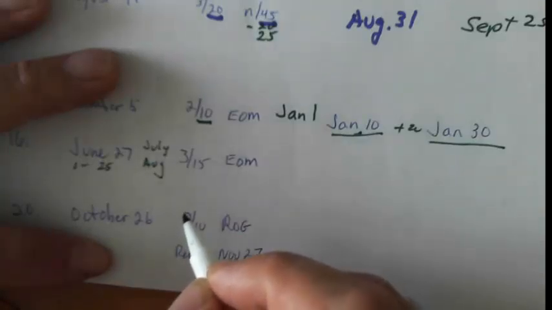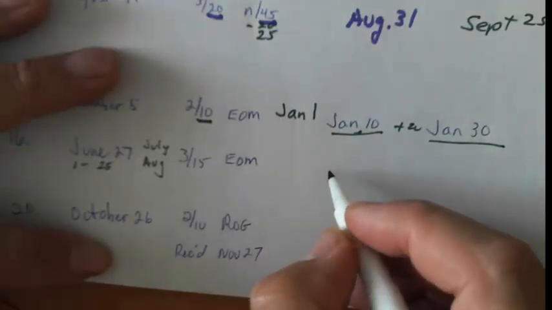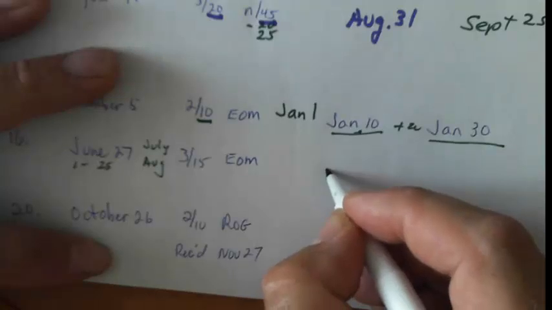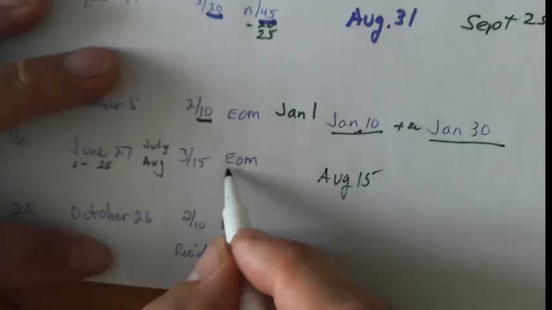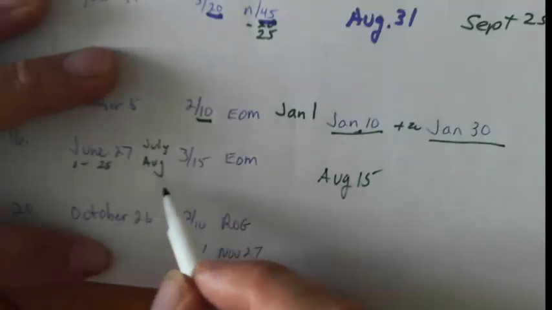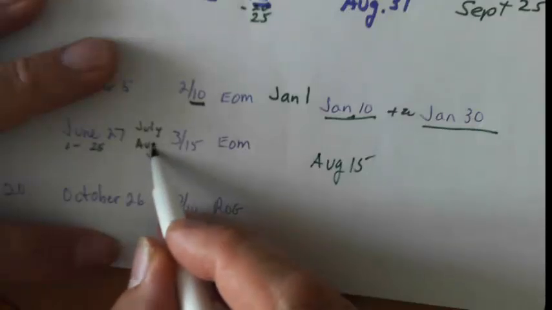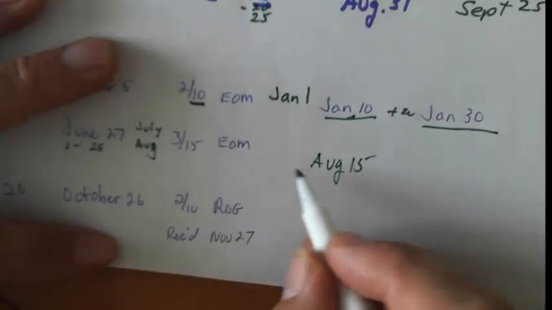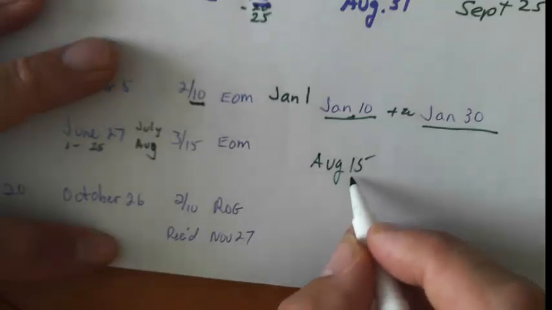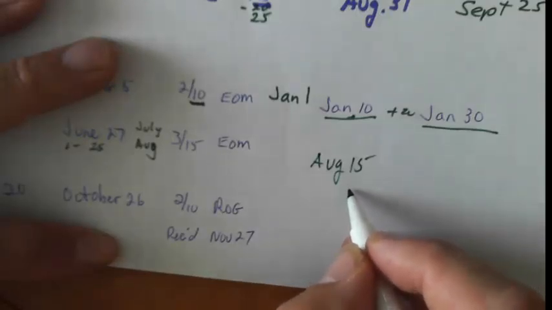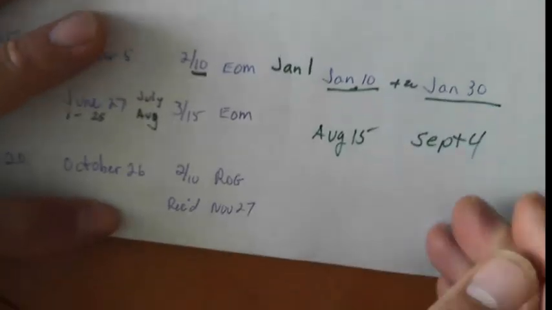Then we have 15 days, so the last date for the discount is August 15th. You have to really read through and find those little nuances to apply the proper discount and the proper date. Then we need 20 days after that. 16 takes us to the end of the month, and we need another 4. That gives us September 4th.